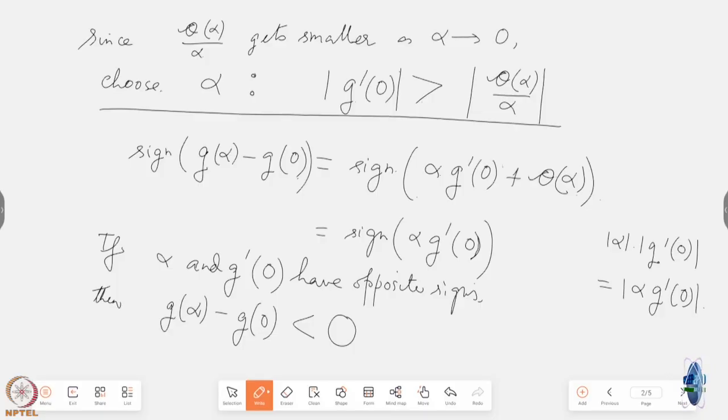So this is a contradiction to the claim that x star was the best point. Therefore, we must have G prime 0 equal to 0. At least that is established.